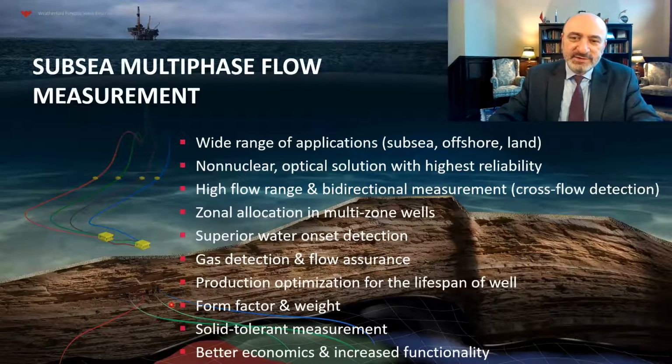And as you have seen in the previous picture, it's very lightweight and has a very small footprint compared to very large subsea structures. Both technologies, red eye and optical flow meter, are solid tolerant. The presence of solids has little or no effect on the accuracy of their measurements.